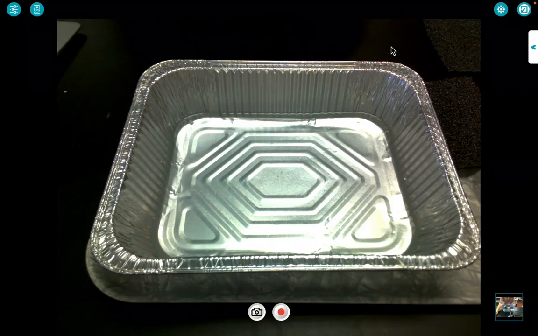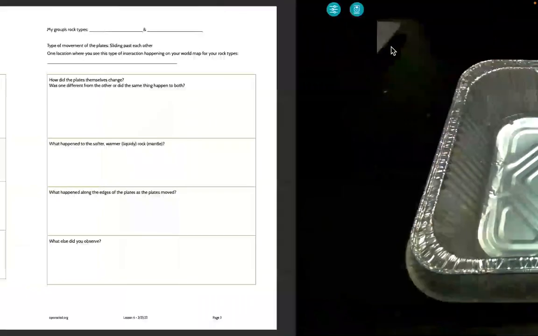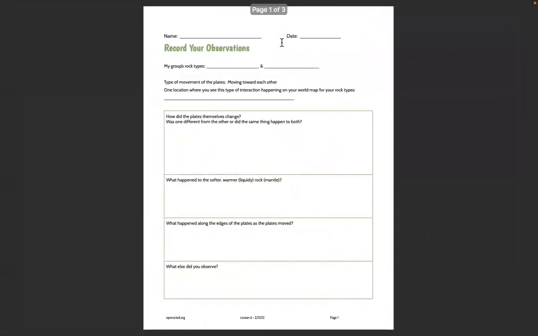On your first document, I want to also go through some of the questions. If we go back to the first page here: how did the plates themselves change? Was one different from the other, or did the same thing happen to both? As you watch the video, what's happening to the plates, and is one plate doing it and not the other? If one plate is acting differently, which one is it happening to?